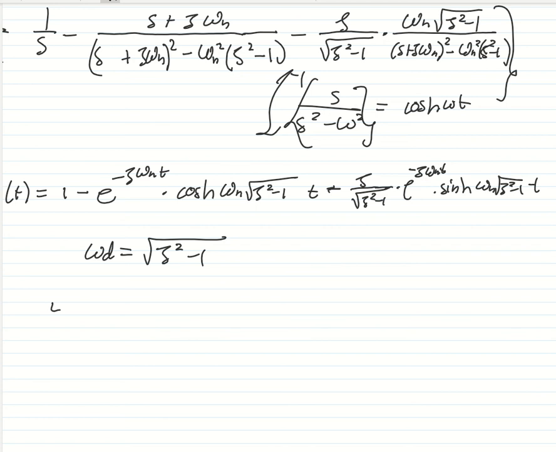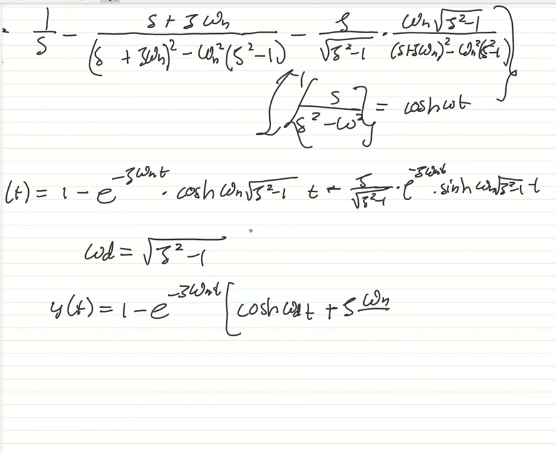So that we will have 1 minus, we can factor out e to the negative zeta omega n t, multiplied by cosine hyperbolic of omega d t, then plus, again, we can make this zeta omega n over omega d, like the underdamped, then multiply it with sine hyperbolic omega d t.